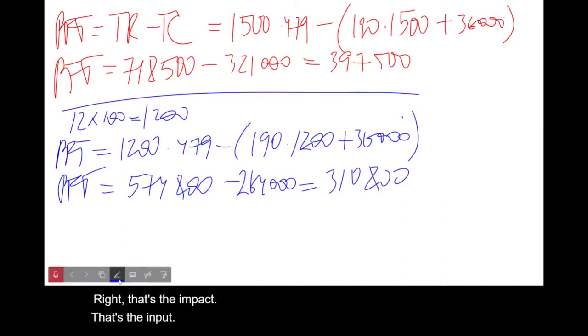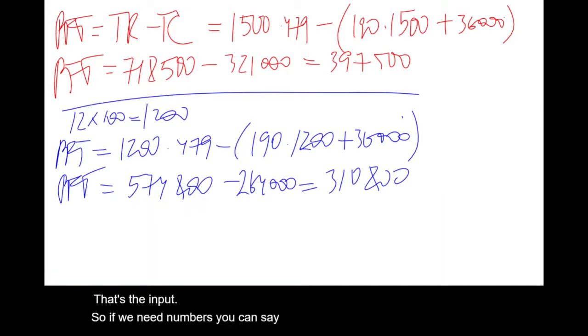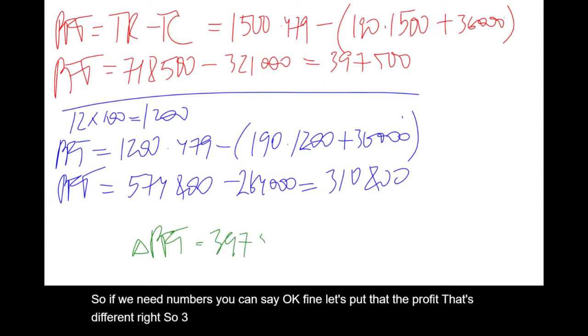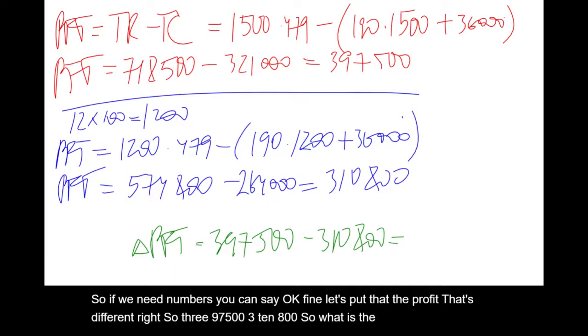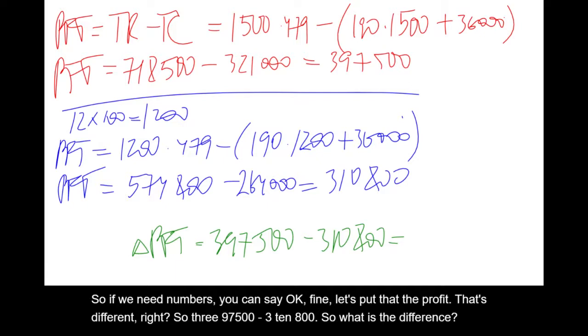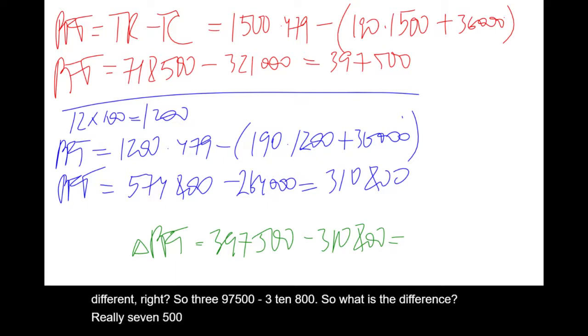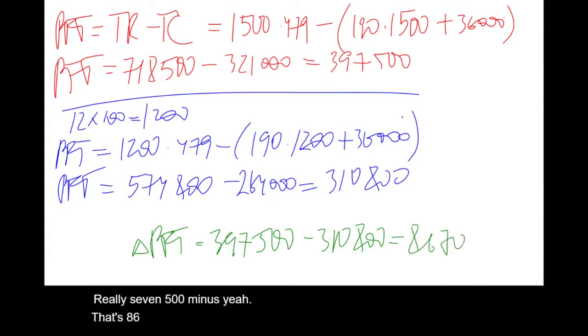So if you need numbers, you can say, okay, fine, let's put delta profit. Delta is difference, right? So 397,500 minus 310,800. What is the difference? 86,700.